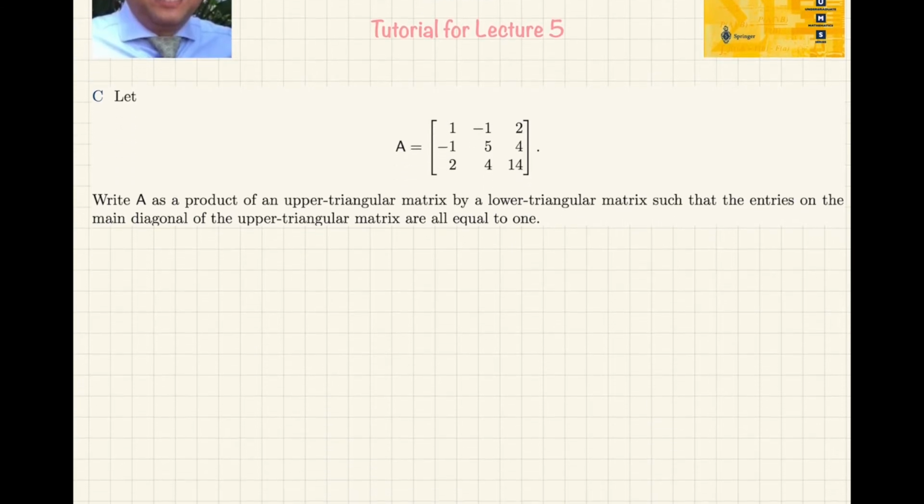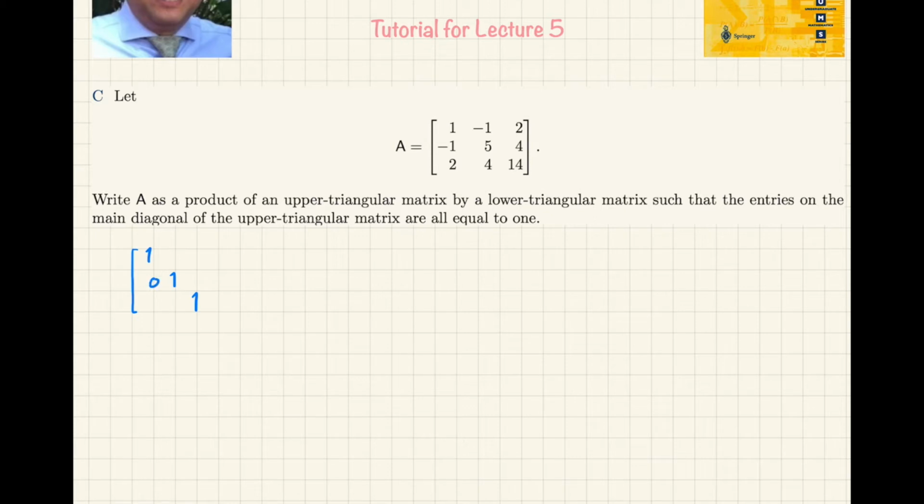Okay, so what we are supposed to do, we want to write this 3 by 3 matrix as a product of two triangular matrices. So upper triangular and lower triangular. Upper triangular on the left with entries on the main diagonal all equal to 1.